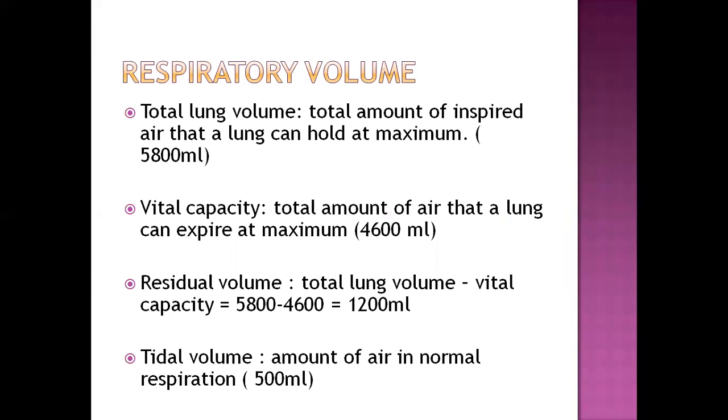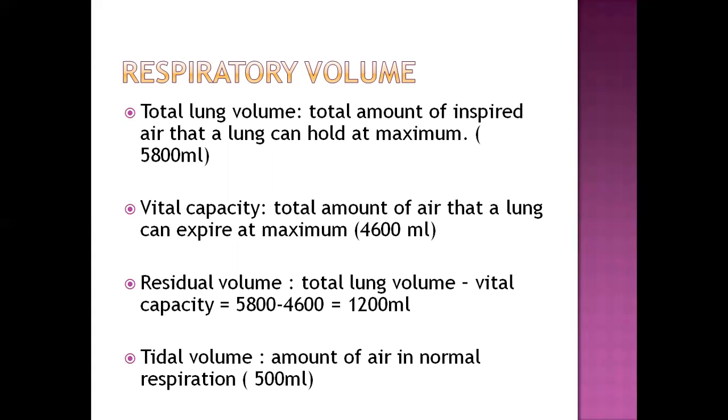About respiratory volumes, we have total lung volume, vital capacity, residual volume, and tidal volume. Total lung volume is the amount of air that a lung can hold at a maximum, that is 5,800 ml. Vital capacity is the total amount of air that the lung can expire at a maximum, 4,600 ml.